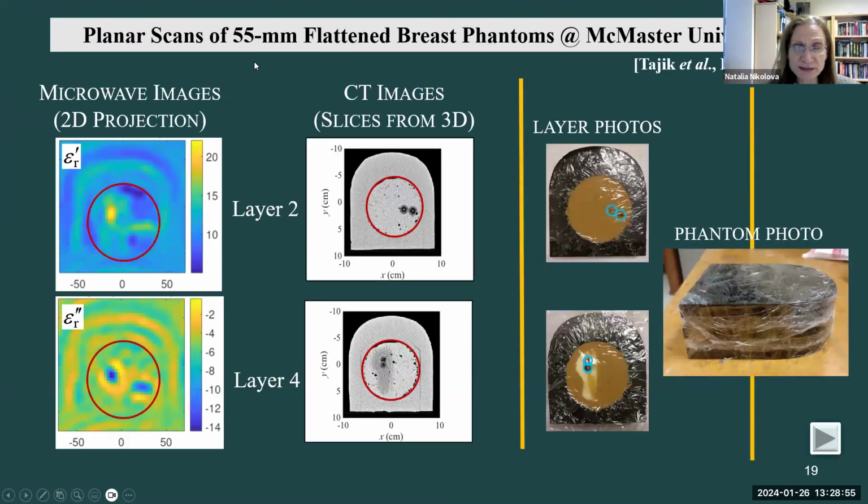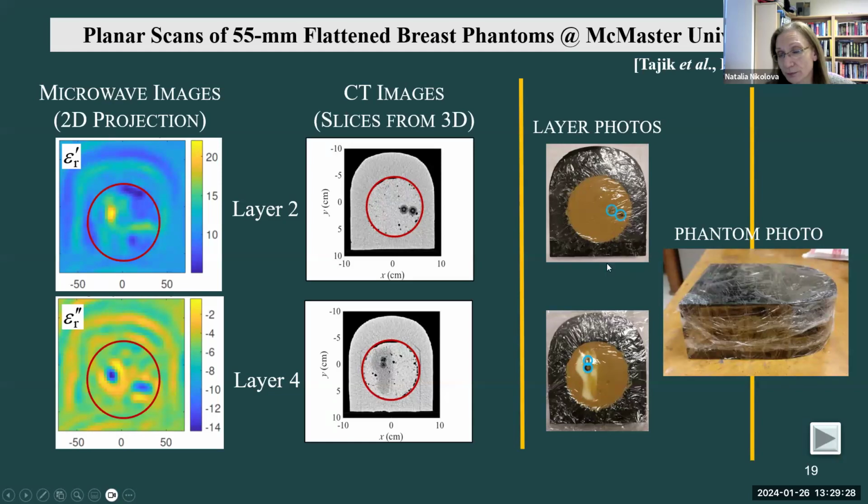At McMaster, as I said, we are still working on tissue phantoms. We are not ready to go to patient measurements because our systems are still slow. But with tissue phantoms, here you see one such example, a 55 millimeter thick flattened breast phantom, where in layer 2 and layer 4 there are inclusions of tumors.